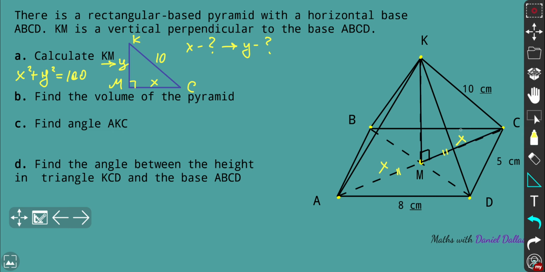If I shade this triangle, you'll see that it lies on the bottom, this triangle ACD.